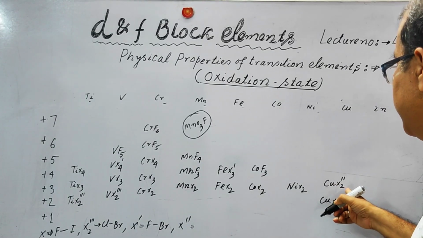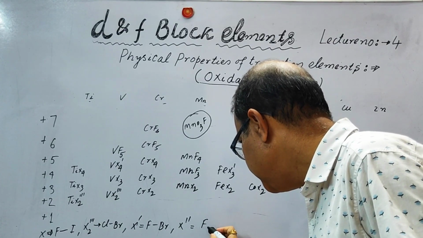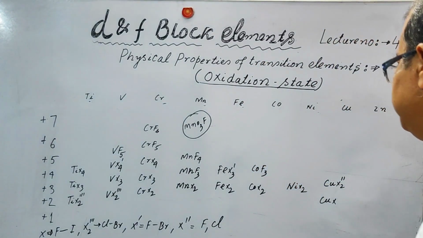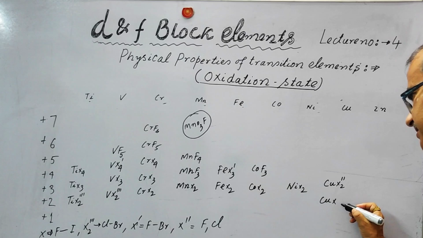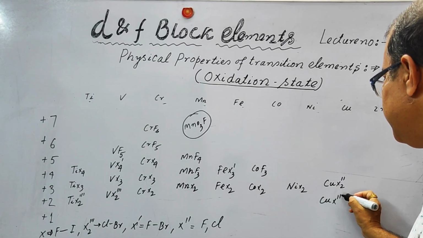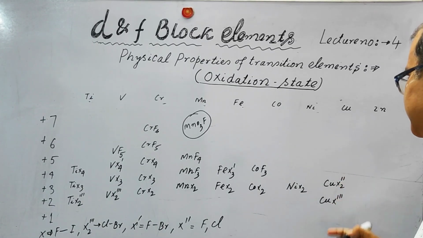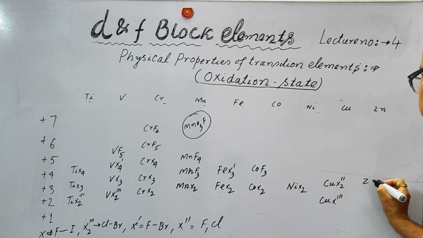Here, the dihalide you will find is that only fluoride and chloride is observed. And CuX, that is in this case, basically these three. So in both cases you will find the halide is different.